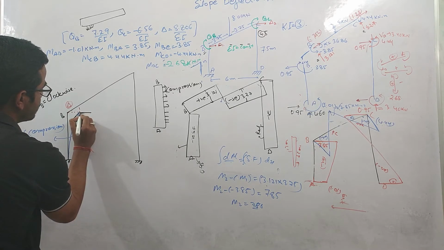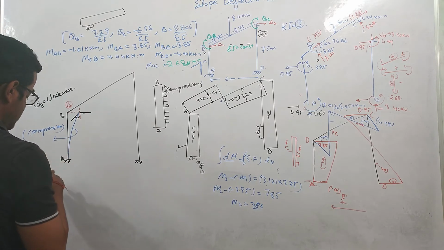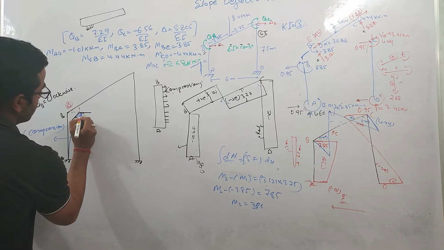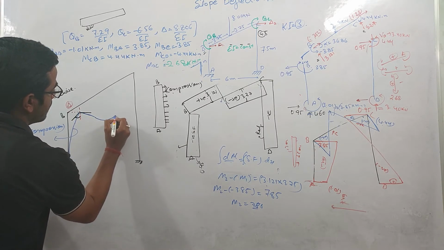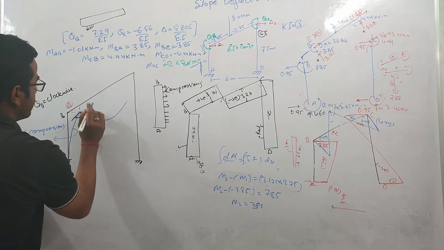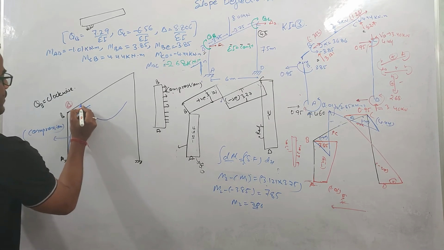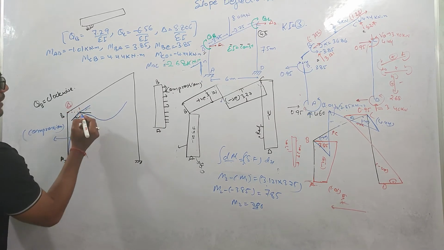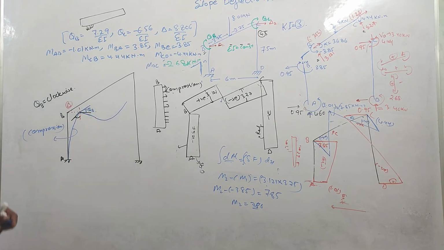So if this is the tangent, it will deflect like this. And you can see that the reference line from which we are calculating the theta will be this one. So this is again theta B.